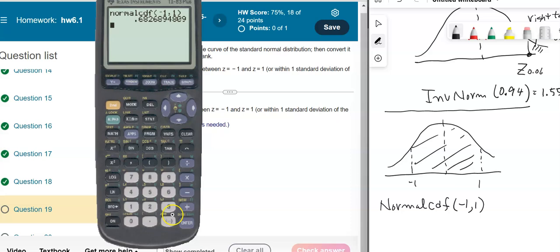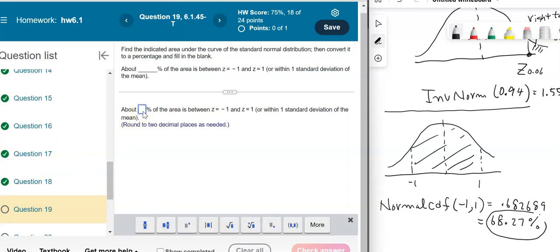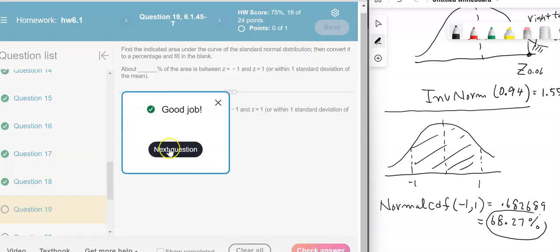So this is 0.682689. Then when you write percent in 2 decimals, this is 68.27%. Okay, when you round, 68.27%.